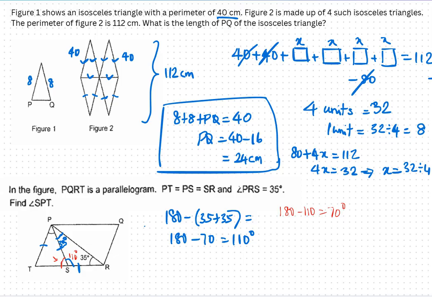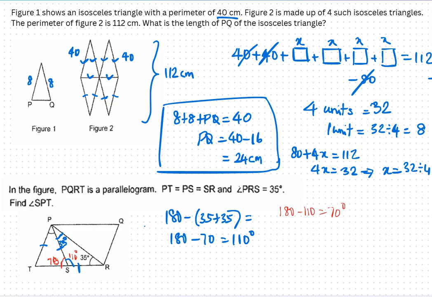An exterior angle is equal to the sum of the interior opposite angles, which means 35 plus 35, which is 70. So you can either take that direct route, or first figure out this angle and then, since it's a linear pair, find that it is 180 minus 110, which is 70 degrees.